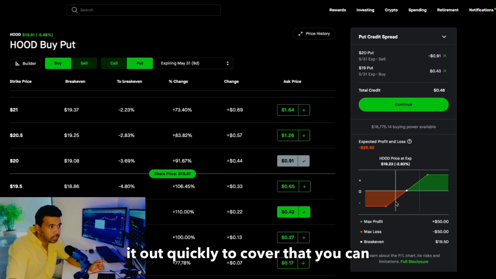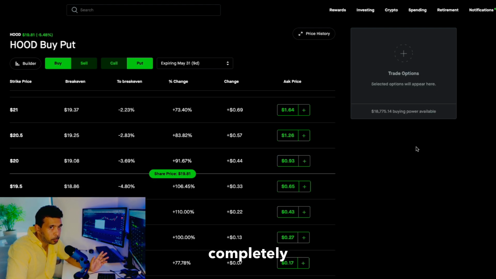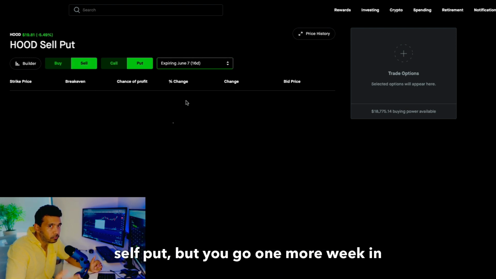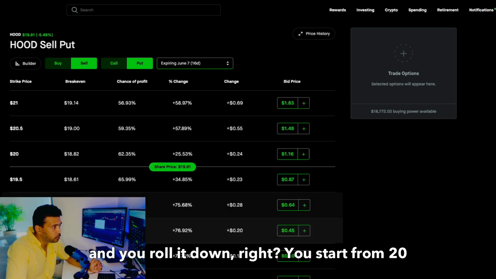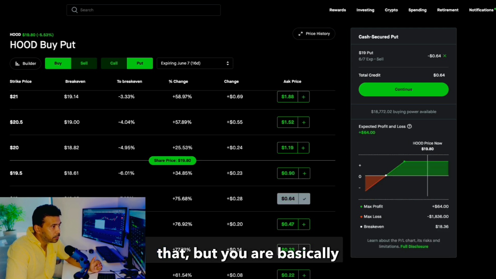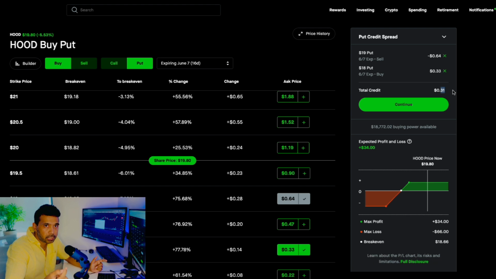You can close out this position completely, and then sell a put again one more week in advance, rolling it down. You start from 20 and do that again. You went down, but you collected some amount here, so you don't have to take the full loss.